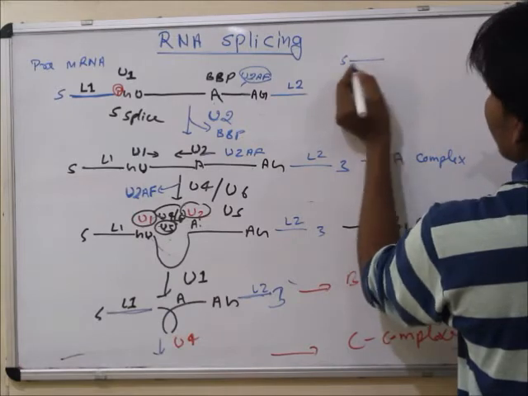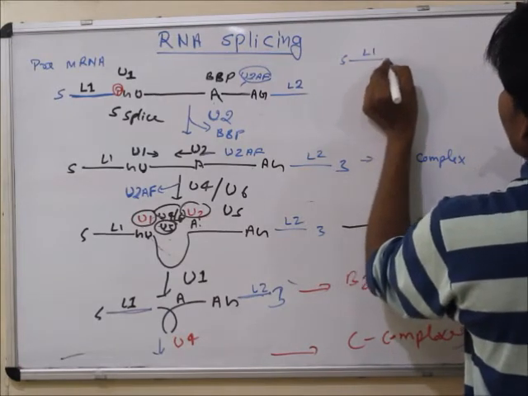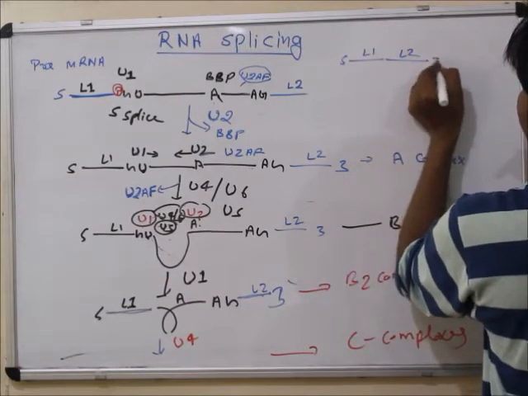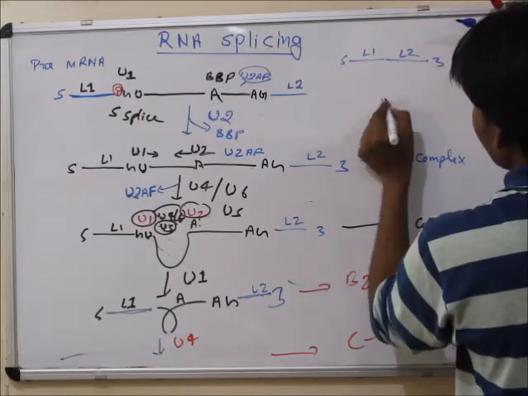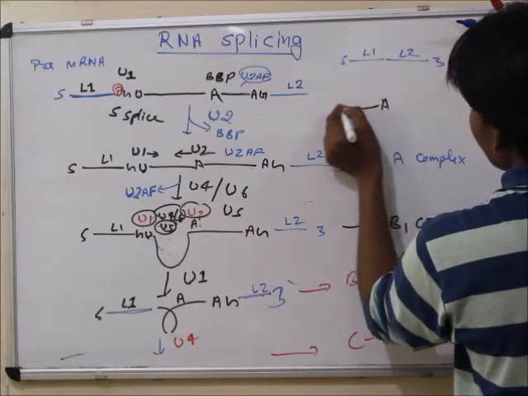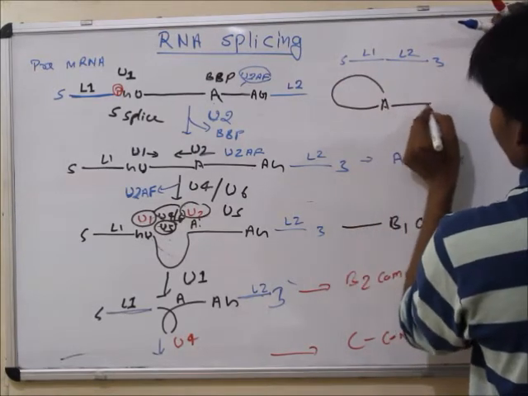5' L1, L2 3'. These are the exons joined, and the intron in the form of a lariat with A, AG.